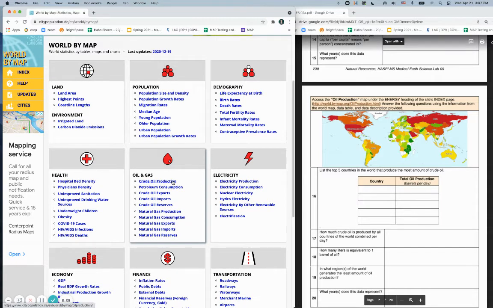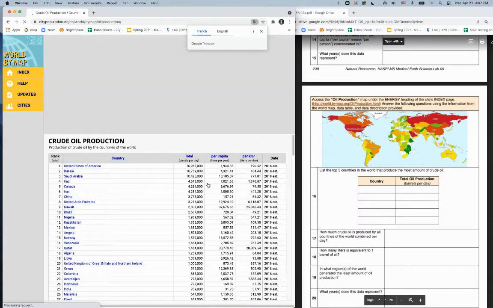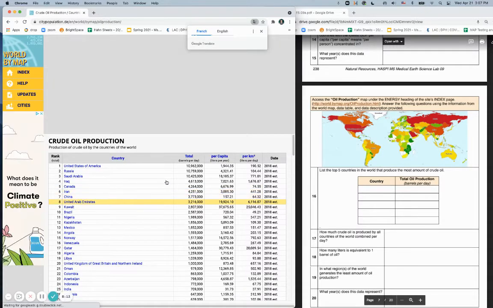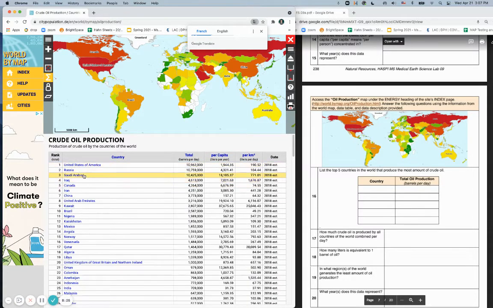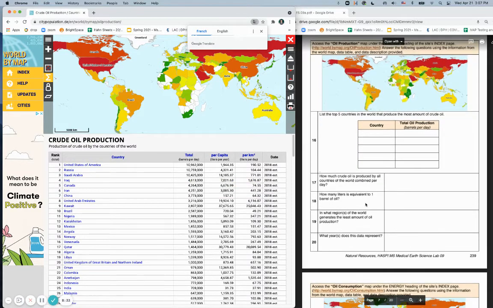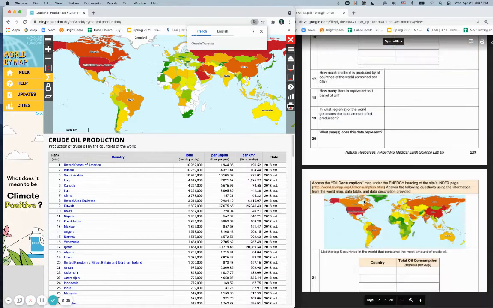So crude oil production, and you're going to go ahead and list the top 5 countries that make the most oil, which is kind of surprising. I didn't know the United States was up there. But definitely the Middle East, Saudi Arabia, Iraq, they're producing a lot of oil. Okay, and then you're going to go ahead and answer those questions.